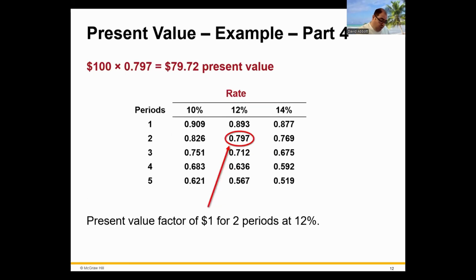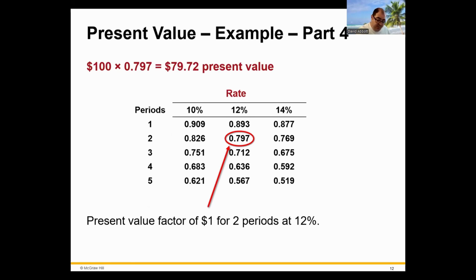We can also use the present value of $1 table that we can find in Appendix 14B-1 in your text in order to verify the accuracy of the $79.72 figure.